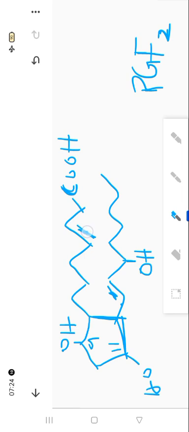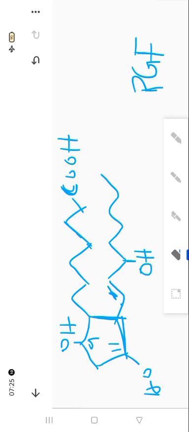If I decide to erase this double bond here, then this becomes PGF, right? So for prostaglandin F, we've got two hydroxyl groups on carbons 9 and 11. So that's for prostaglandin F.